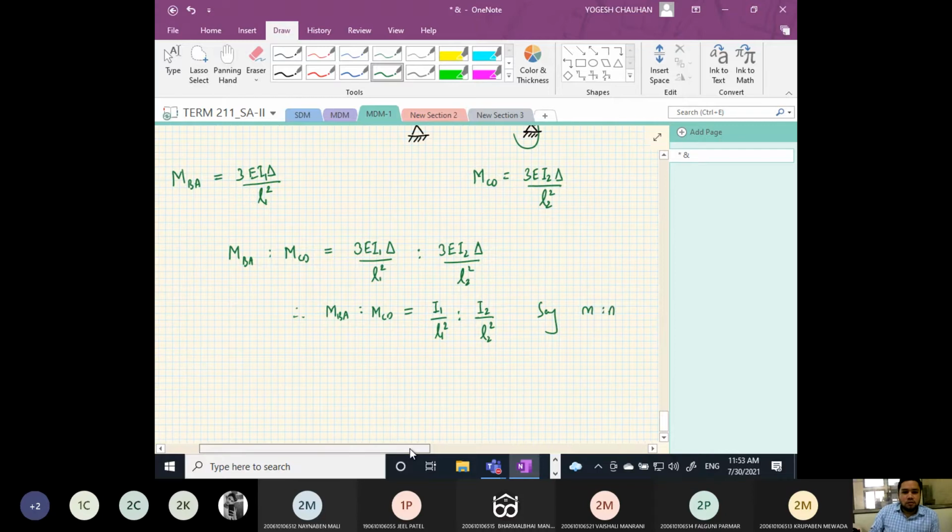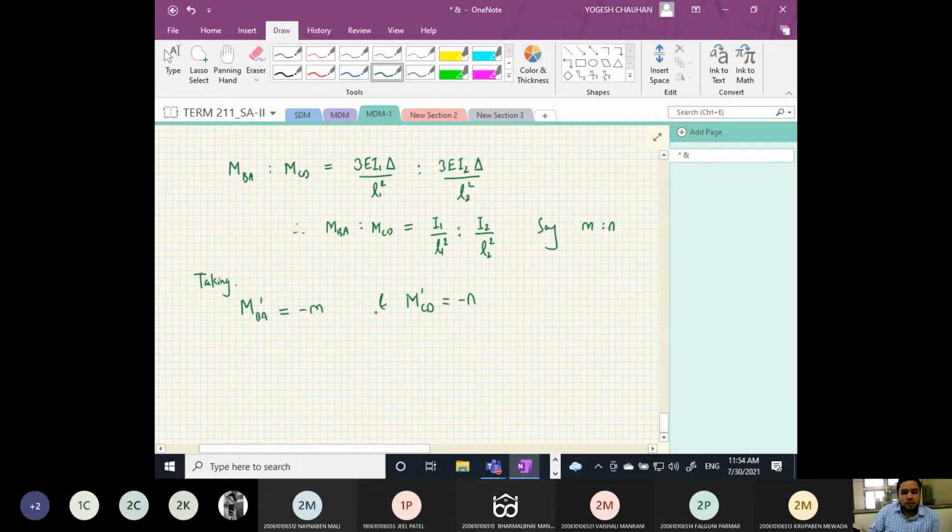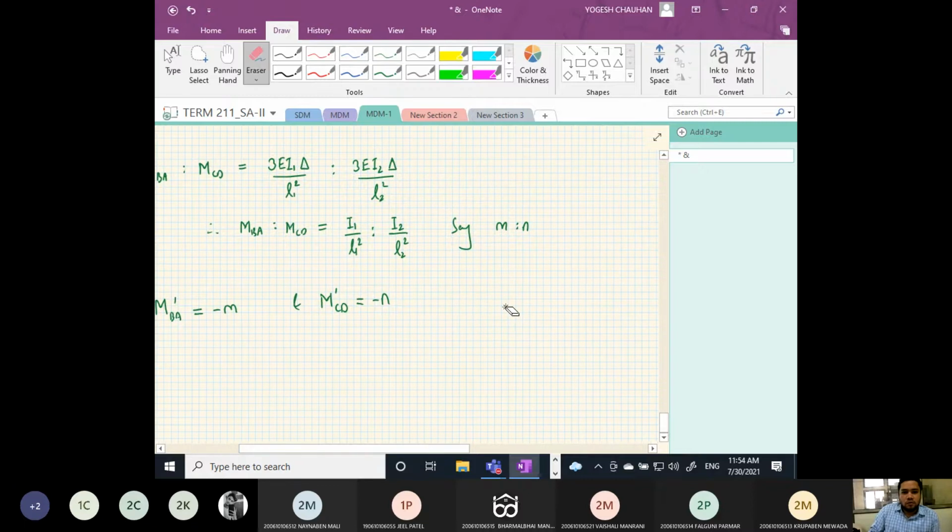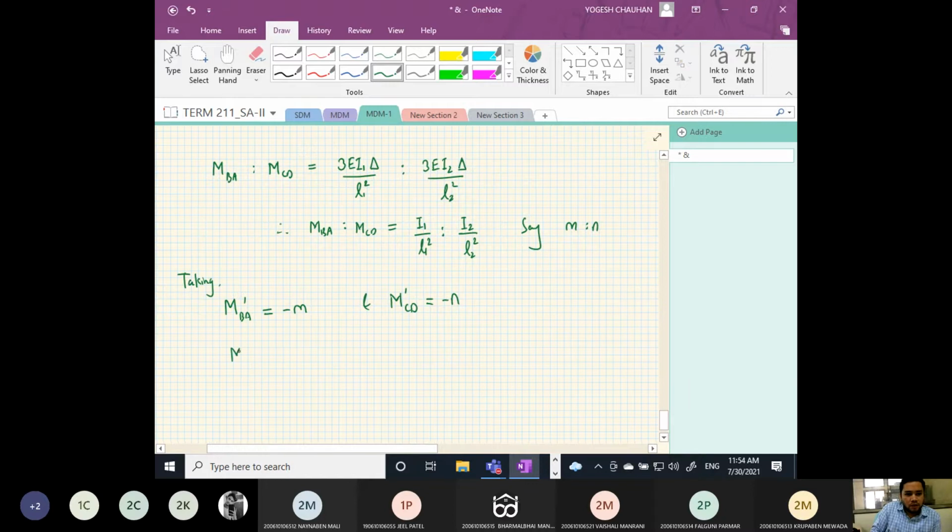Okay, so again you can take MBA dash equals to minus M, and MCD dash equals to minus N. Again, the minus sign is because the frame sways towards the right, and M dash AB will be equal to 0, and M dash DC will be 0.